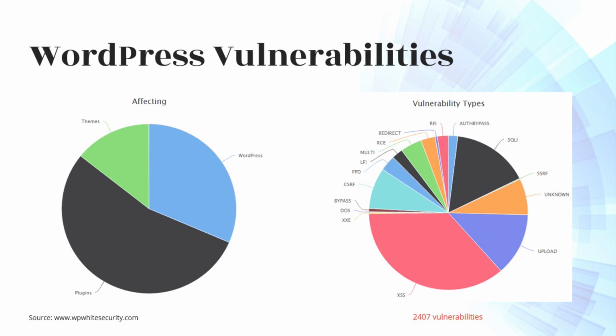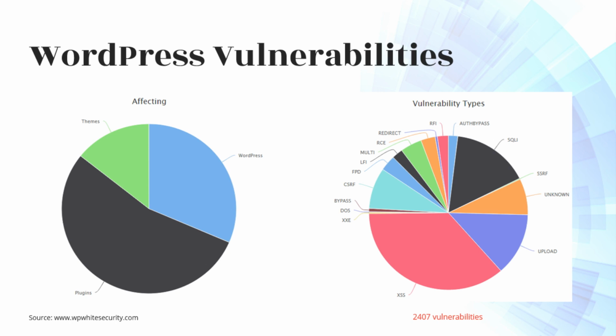Now on the left-hand side, we'll see that the vulnerabilities available in WordPress are divided across various components. In blue, we'll see that the vulnerabilities discovered or published affecting the core engine of WordPress are something around 20% of the chart.